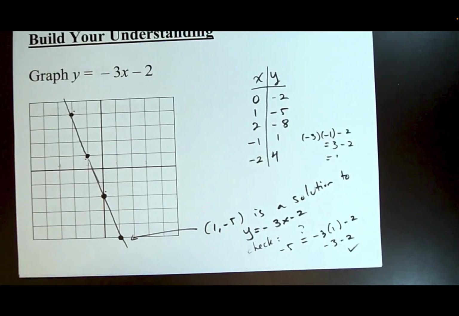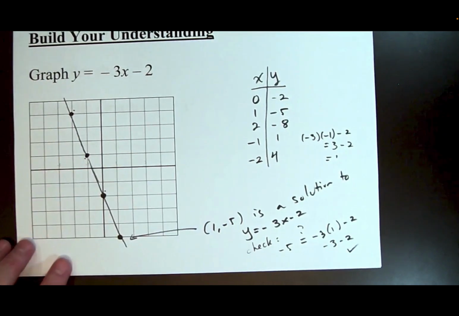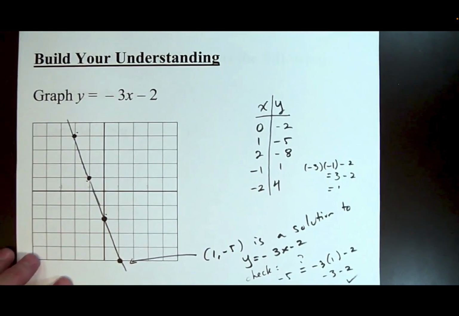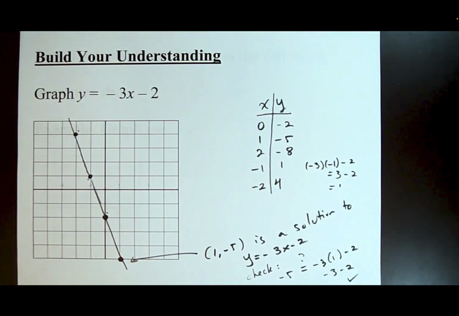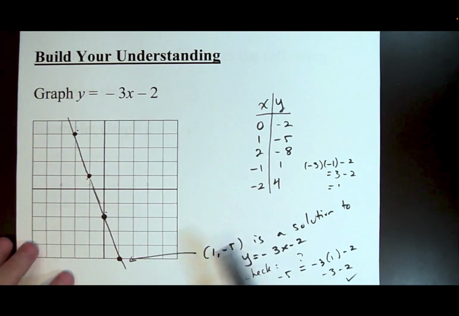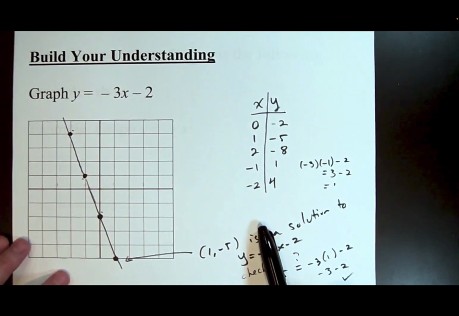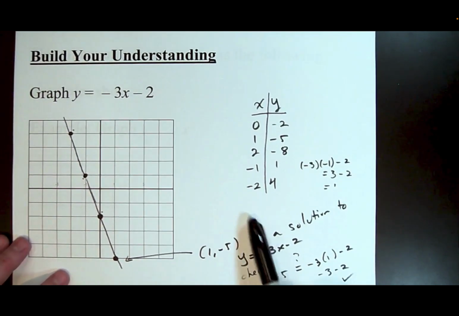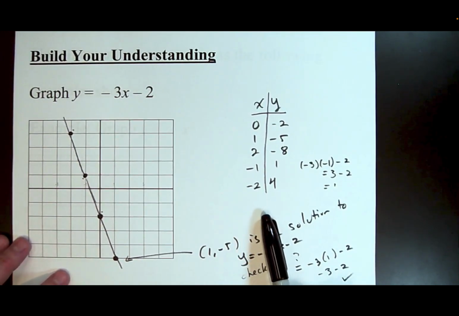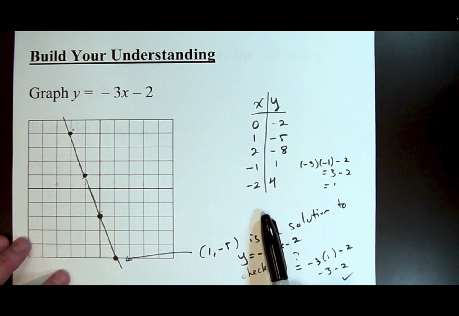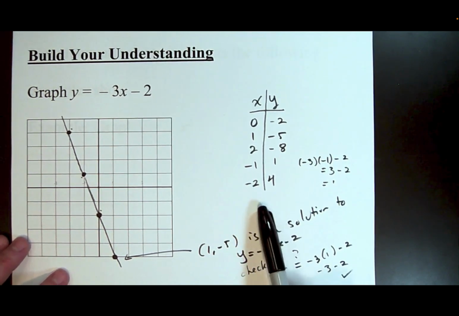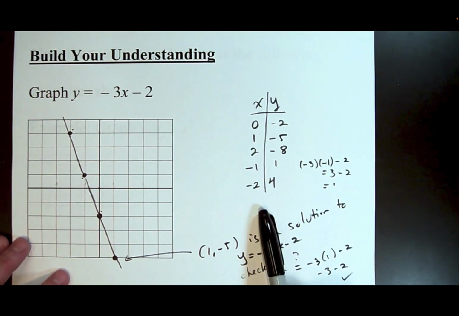So the dots represent particular solutions to the equation, and remember I said there's infinitely many solutions, and you can see that I could keep going with my XY table, but there's no point in keeping on and on, because you can never find all the solutions, right? Because there's infinitely many of them.